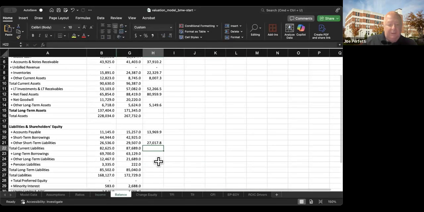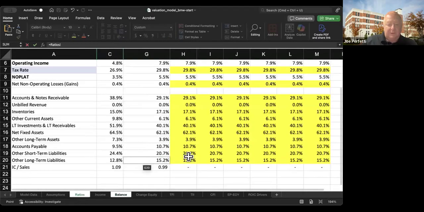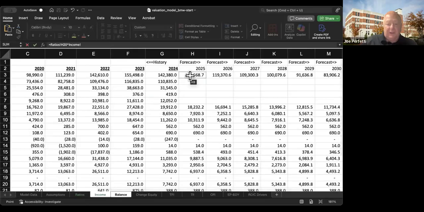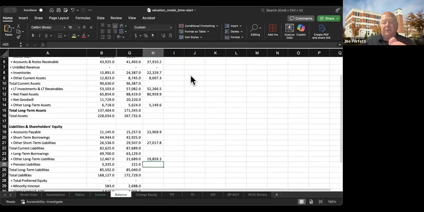And finally, other long-term liabilities equals ratios, H20 times income H3. All right, so those are the key balance sheet ratios that we're going to forecast off the ratios tab.